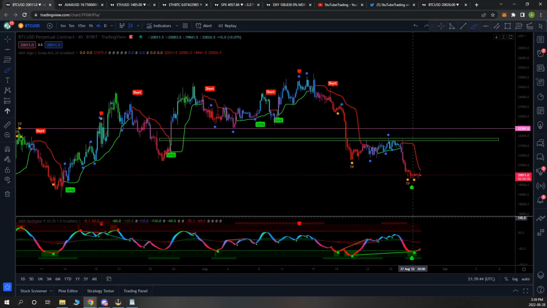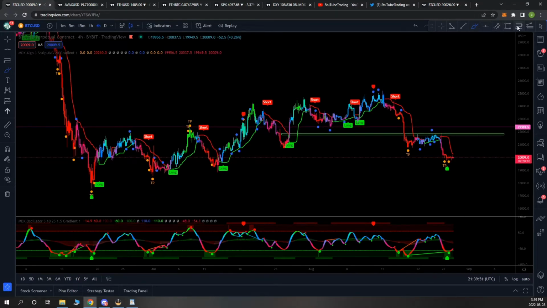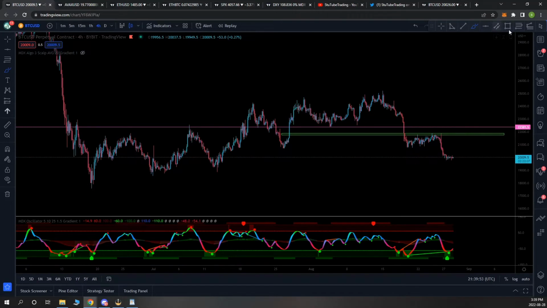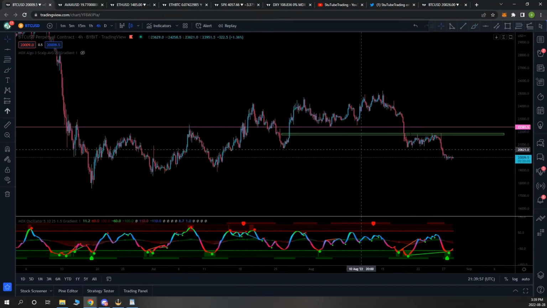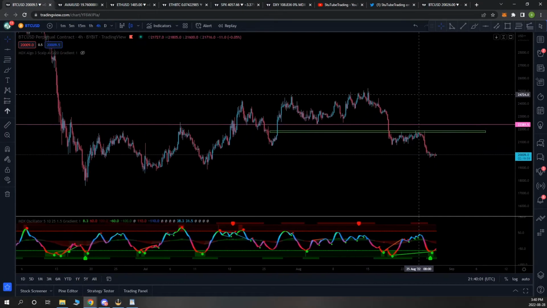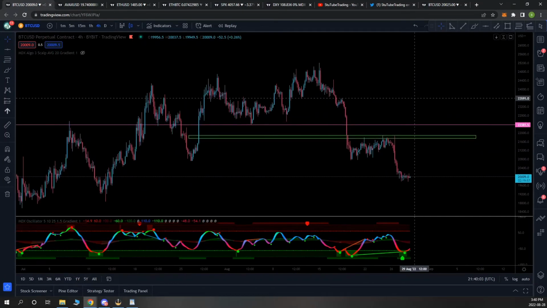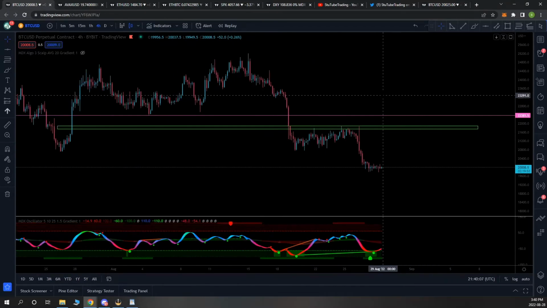So there are some things lining up with these indicators that we might get a bit of a bounce. Let's see. I haven't checked the fib levels here. I'm just going to drop that. Oh, never mind. This is the same fib level we were just talking about. I don't know how I feel about that position personally, but I can see how it would get a bit of a bounce.